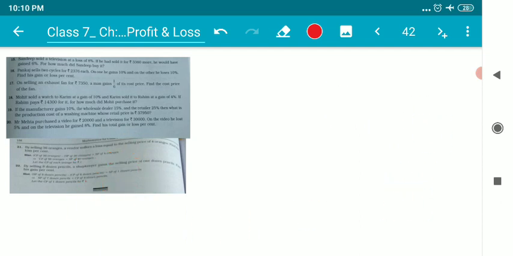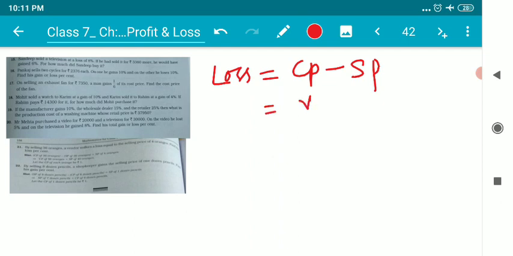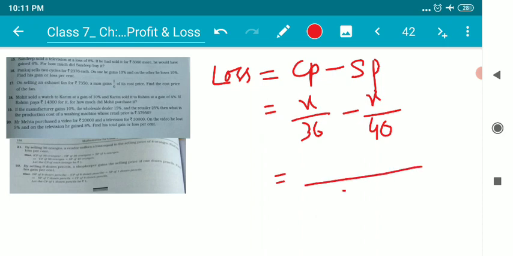The amount of loss is equal to cost price minus selling price. Cost price was x by 36. Selling price is x by 40. If I take the LCM of 36 and 40, I get 360. The LCM of 36 and 40 will be 360.